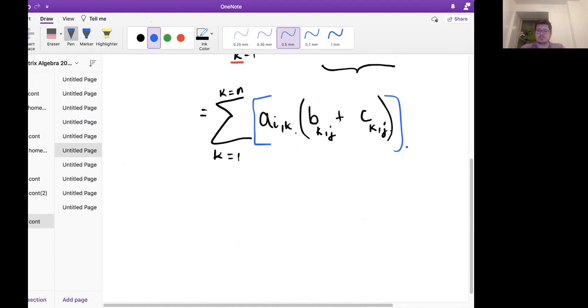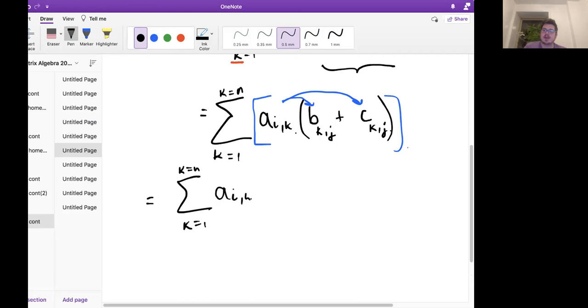I can add them, I can multiply them, that multiplication is commutative, and the big thing is I can distribute. Would you agree that we can distribute this A term inside? Yes, so let's do that. So we have AIK BKJ plus AIK CKJ.